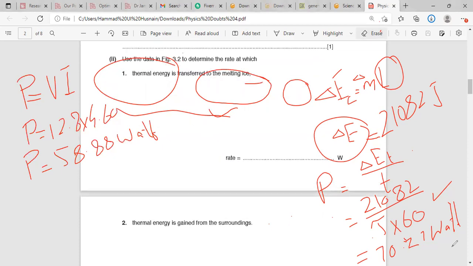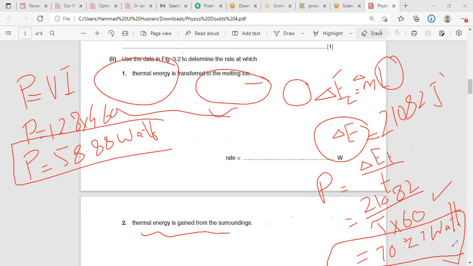In the second part, it is asked that you need to tell how much thermal energy is gained from the surroundings. We have found out the total thermal energy gained by the system is this, and this much energy is transferred by the heater, which is using this current and voltage.